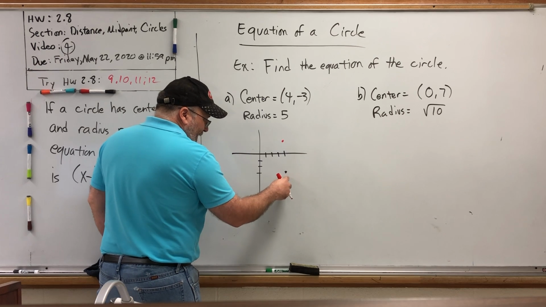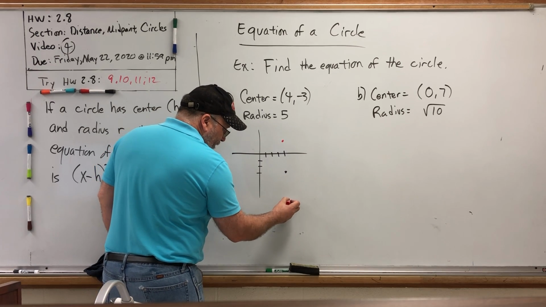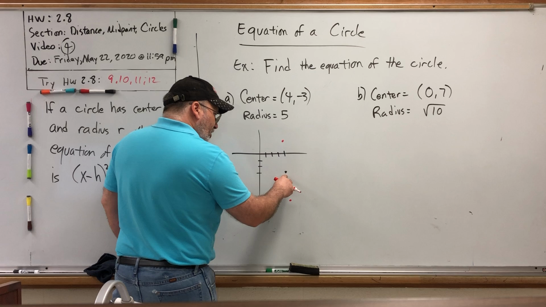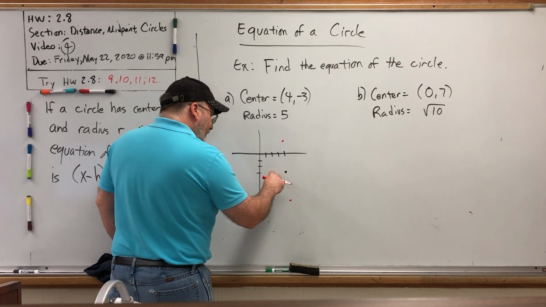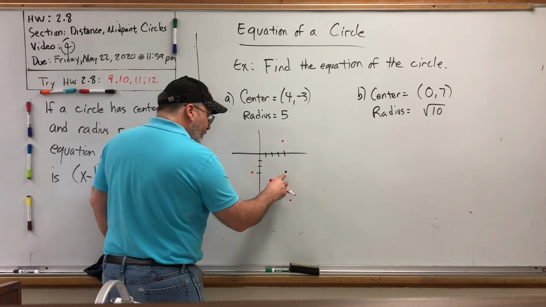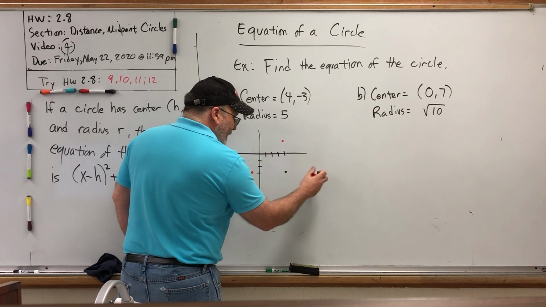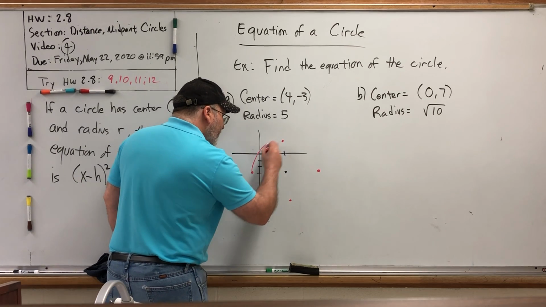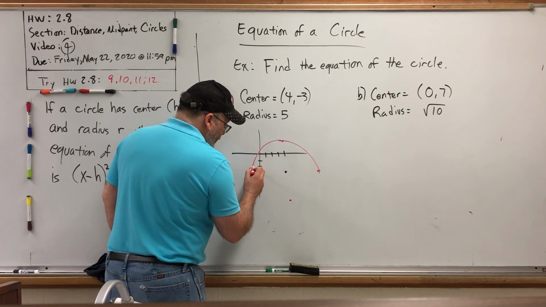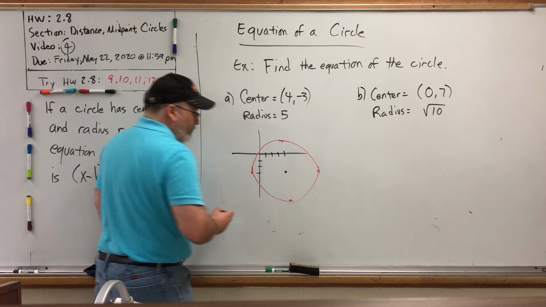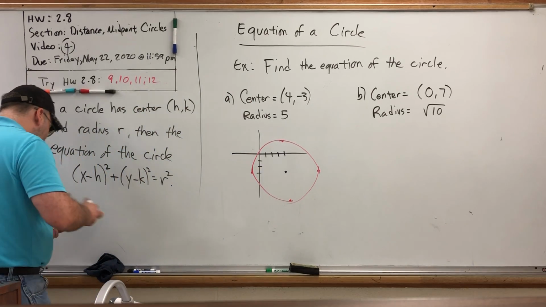If we went down 5, we would have to go down 5. If we went to the left 5, we would go left 4 and then 1 more. And if we went to the right 5, we would be over here somewhere. Not the best circle I've ever drawn, but I've drawn worse. But I've drawn better. So it would look something like that.